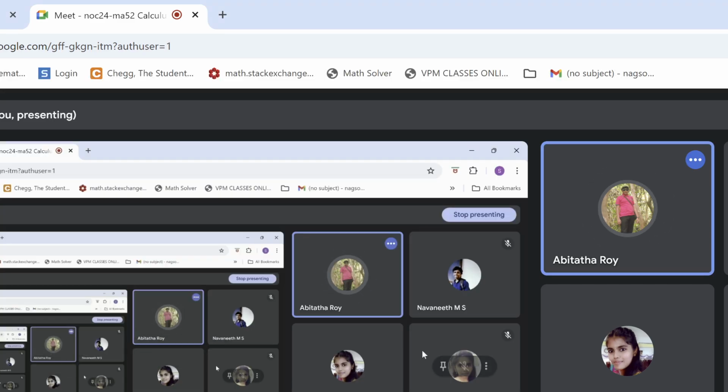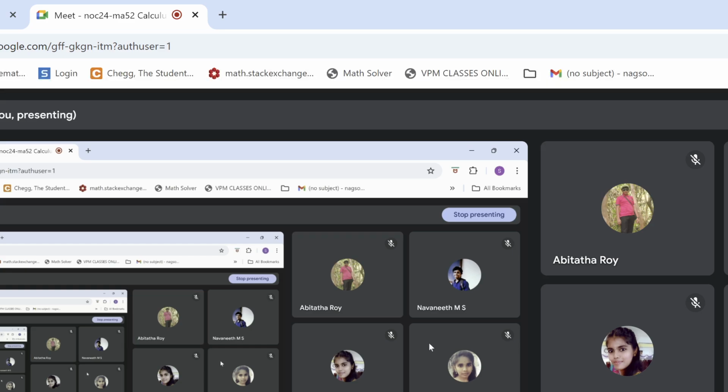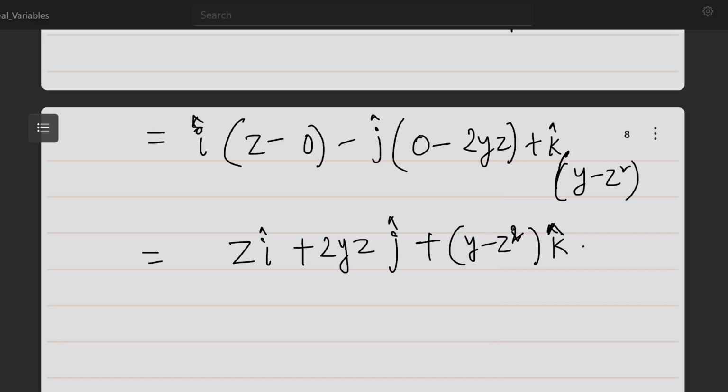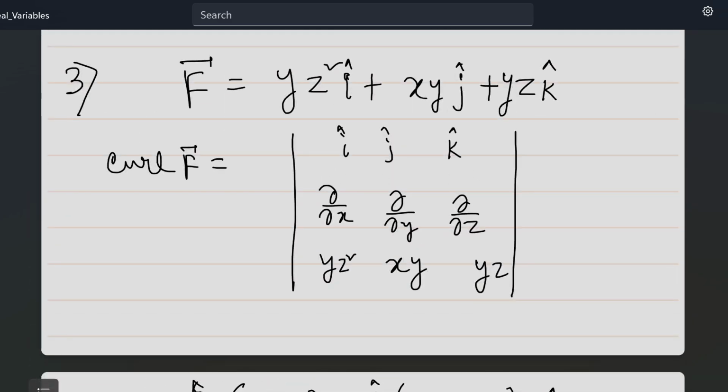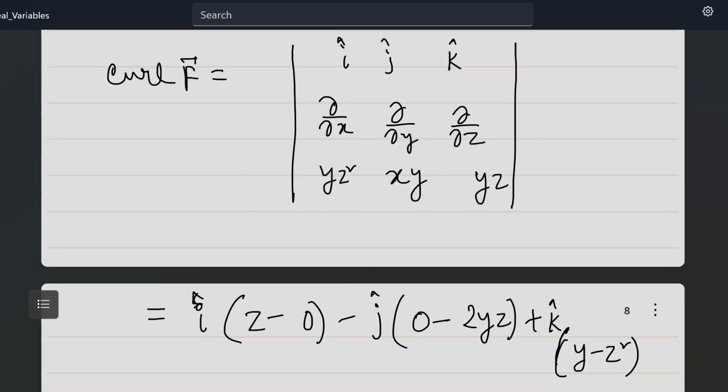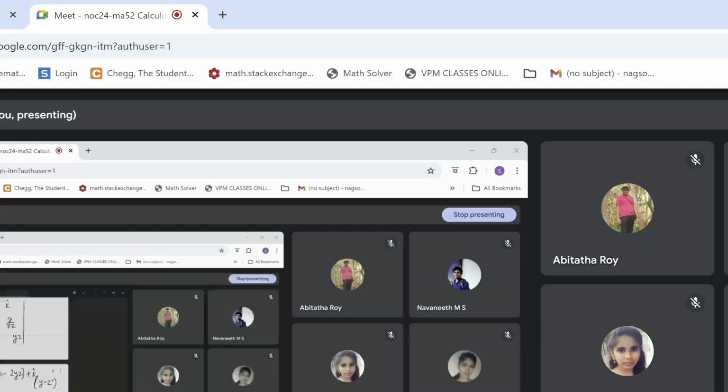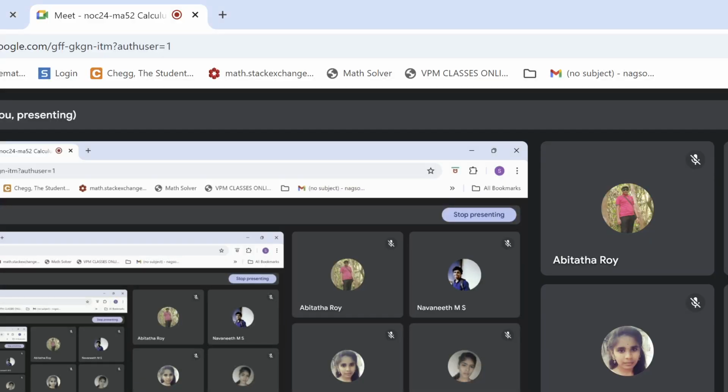For me, it's visible. Navneet, Vinotini, Jayamalini, please confirm. They are saying visible. You can do one thing, log out and log in again. Okay, sir. Because I think it is visible for others, maybe it is a connection problem at your end. Okay, she left, let's see.